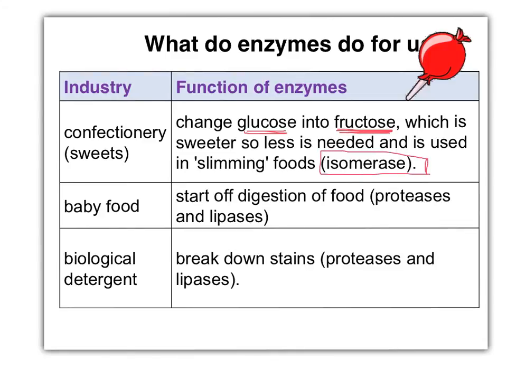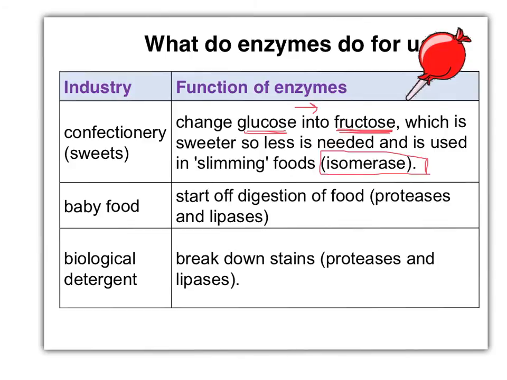So isomerase is the enzyme that breaks down glucose into fructose. Now fructose is basically sweeter, okay, so less of the sugar would be needed, so we can use fructose in slimming products that are going to help people gain less or not gain weight.